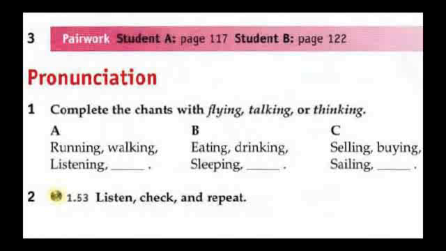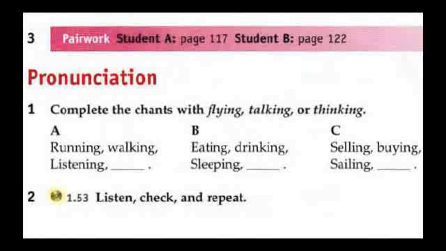Okay, now let's go to page 24, pronunciation. Number one, complete the chants with flying, talking, or thinking. In this exercise, what you have to do is to insert one of these three similar sounding verbs into group A or B or C. For example, here we have running, walking, listening.